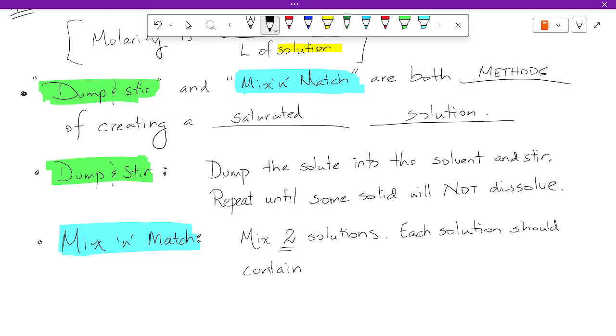Now, if we're trying to precipitate A plus and B minus, what should one of the solutions contain? A plus. What should the other solution contain? B minus. So each solution should contain one of the ions in a low solubility compound.